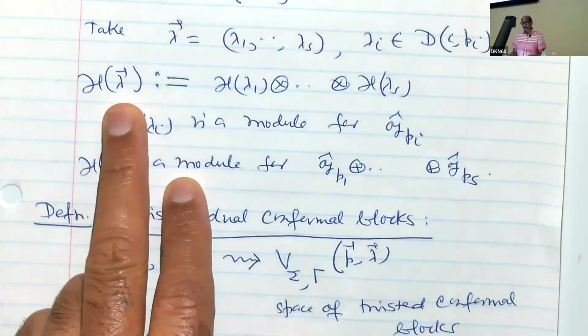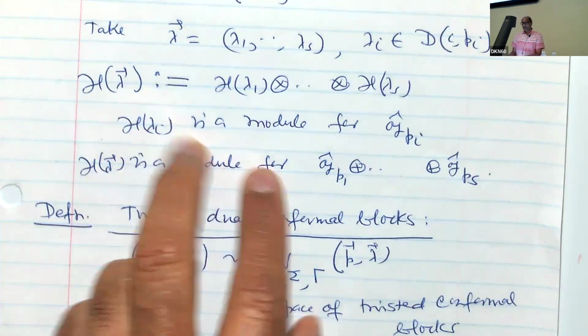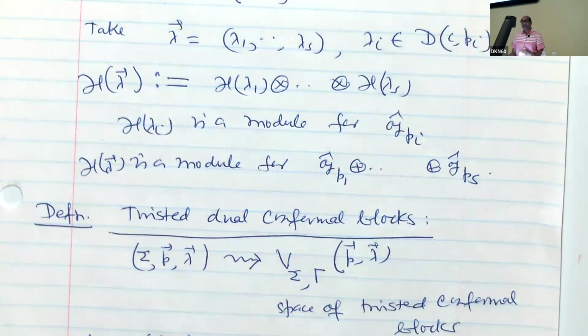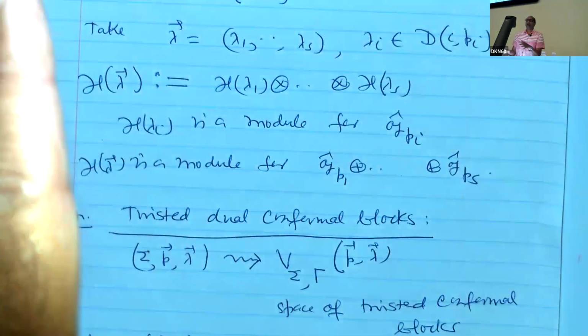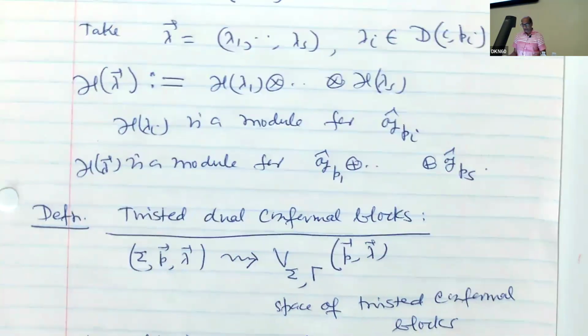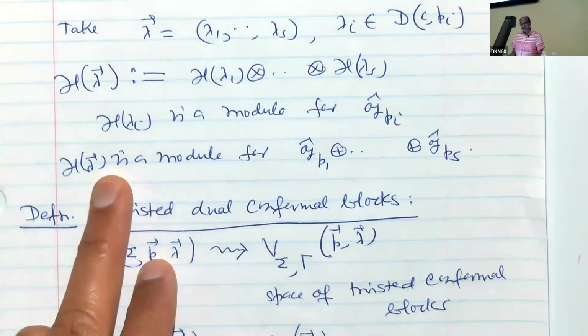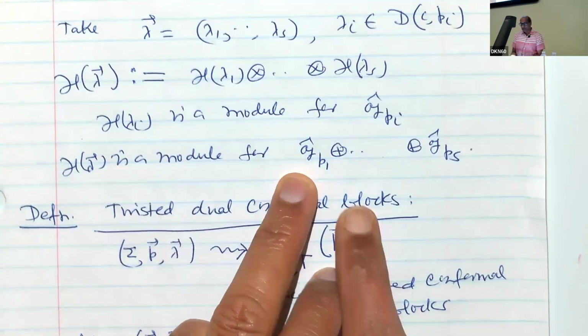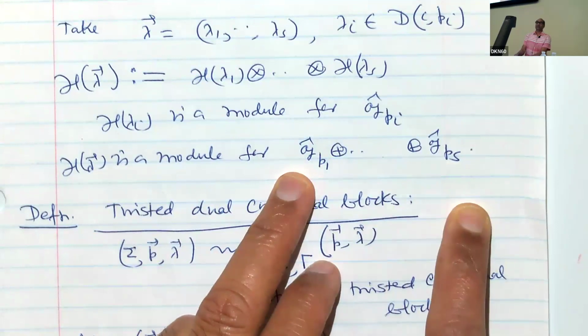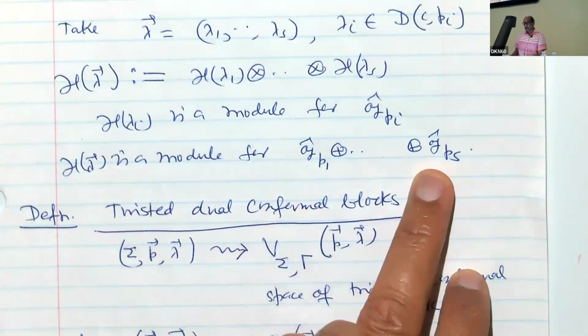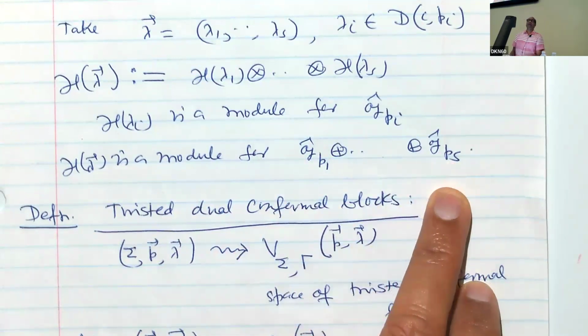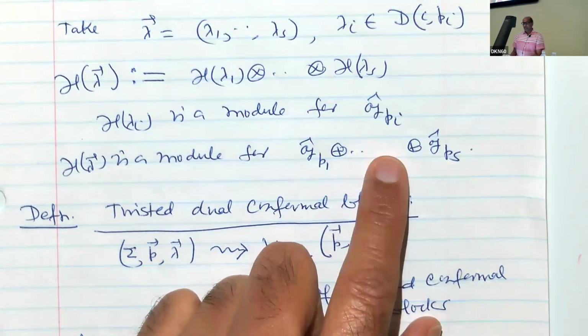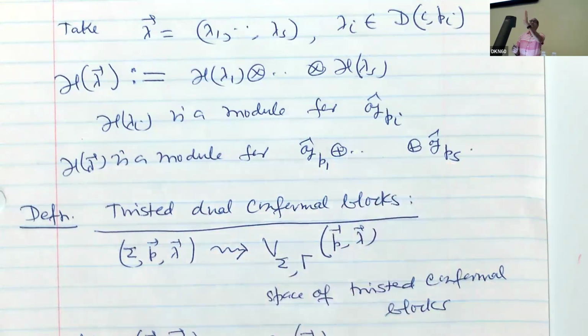And just like before, we define H lambda to be the tensor product of those, except that different Lie algebras are acting on it. Now, this H lambda is a module for the direct sum of these Lie algebras, G hat P1 direct sum and so on up to G hat PS. And the G hat Pi part acts only on the ith factor. So that's the way it's going to act.